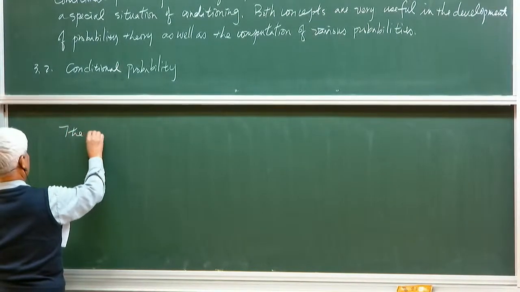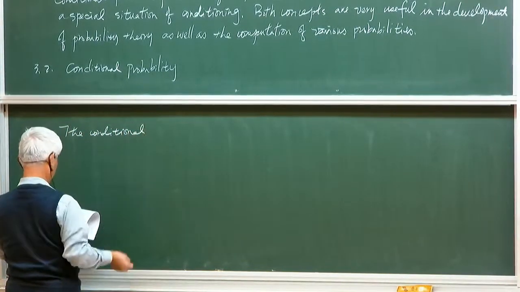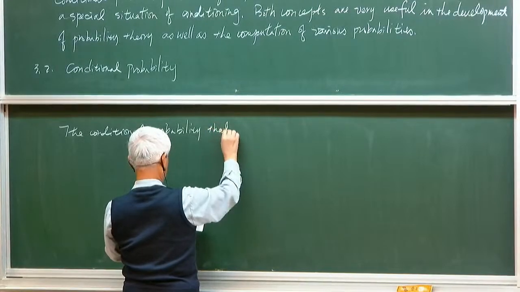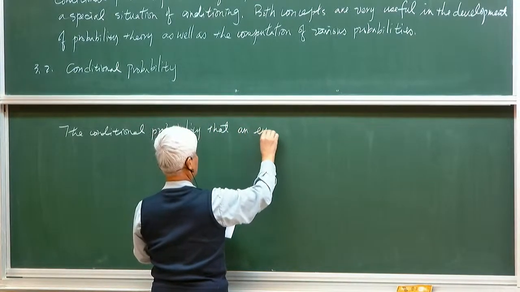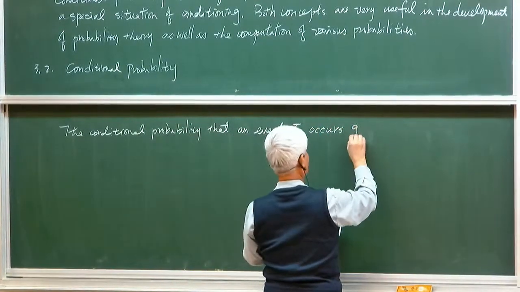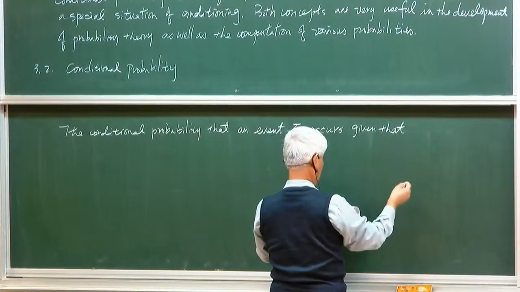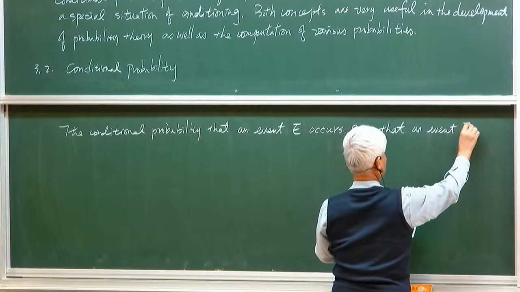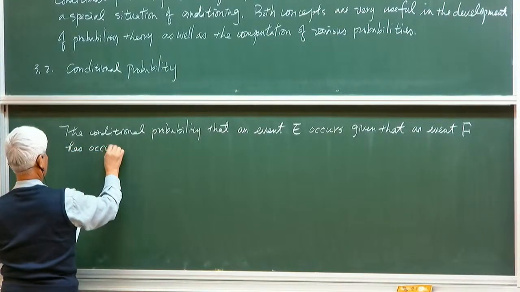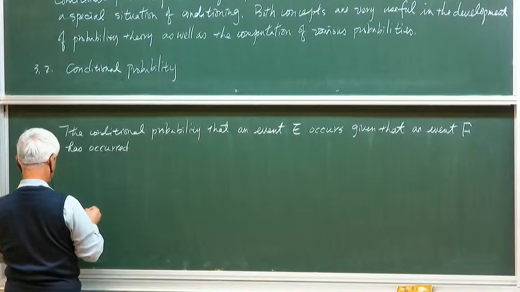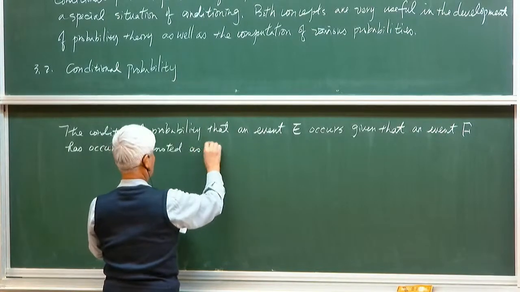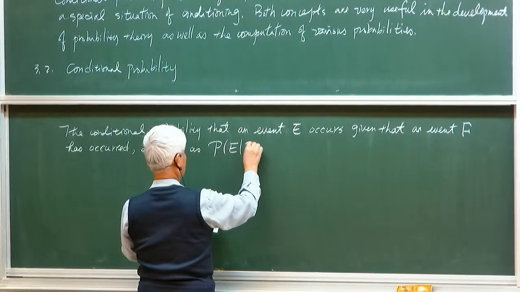All right, so the conditional probability that an event E occurs given that an event F has occurred, and we denote it as P of E given F.